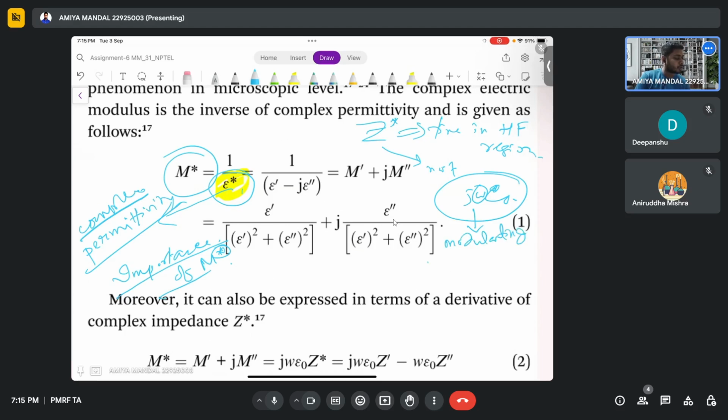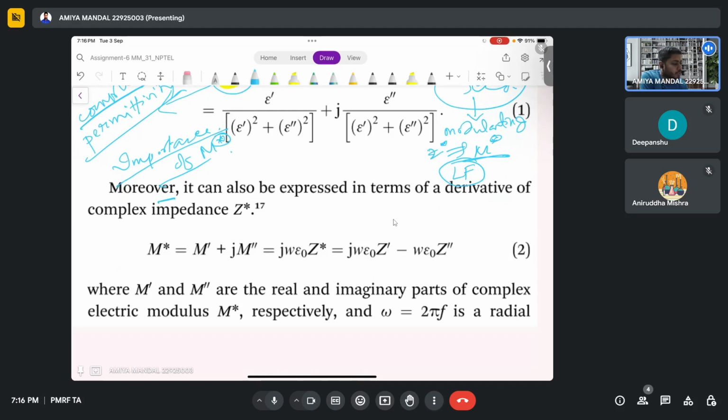That's why we are getting M star for the low frequency region. To see the contribution of the low frequency region, we can evaluate the whole frequency spectrum and its contribution to dielectric property. That is why it is important.